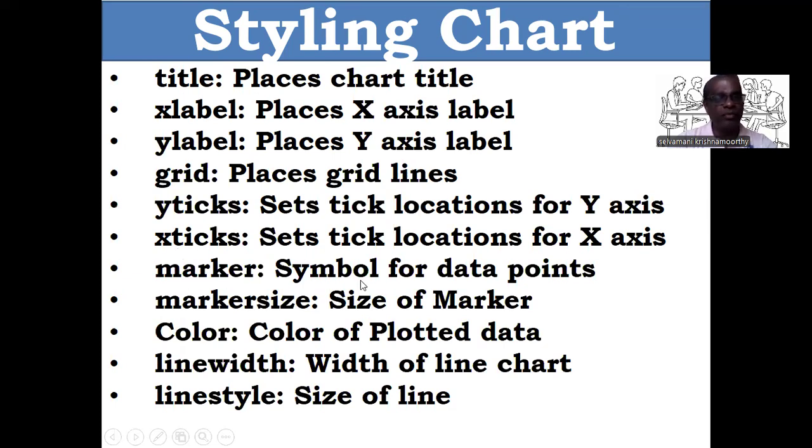Marker, symbol for the data points. Marker size, size of the marker. Color, color of the plotted data. Line width, width of the line chart. Line style, style of the line. These are the functions or attributes we can use to make the chart somewhat attractive.